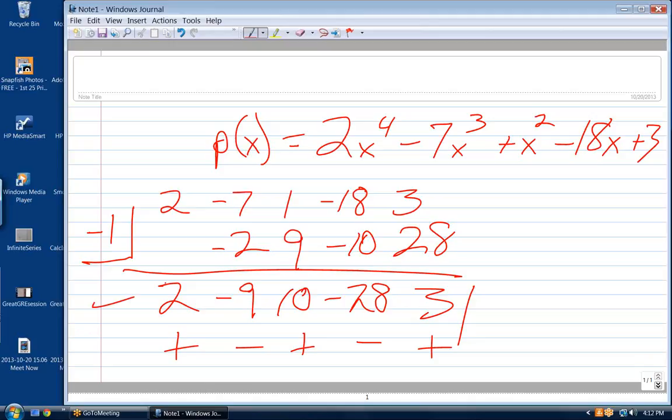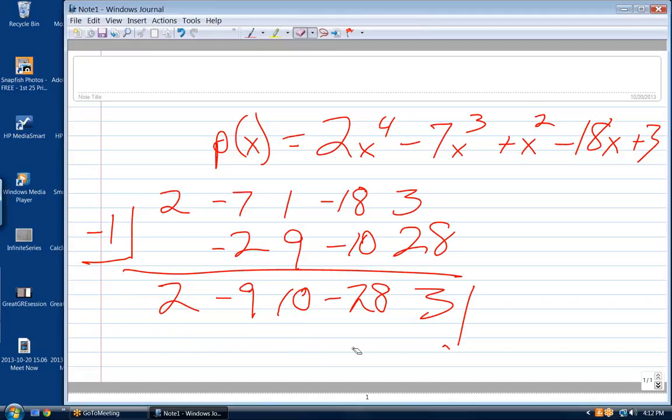I think you just ignore the 0, and you still have to alternate. In other words, if this came out to be 0 instead of 10, it would still be a lower bound, because I still alternate. I go plus, minus, 0, minus, plus. So I'm still alternating if I have any zeros in my answers.